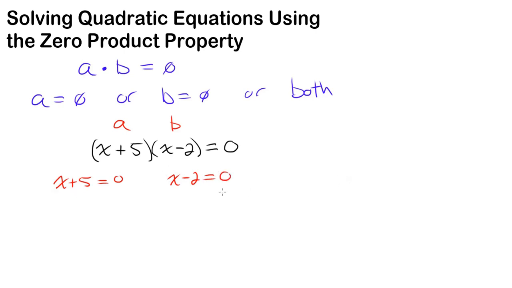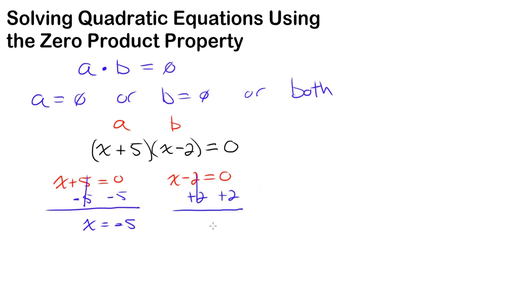And then we could very simply just solve these two separate equations to find the x values that give us our zeros of the quadratic function. So here, x plus 5 equals 0, all I have to do is subtract 5 from both sides. And I get x equals negative 5. And here, x minus 2 equals 0, all I have to do is add 2 to both sides.